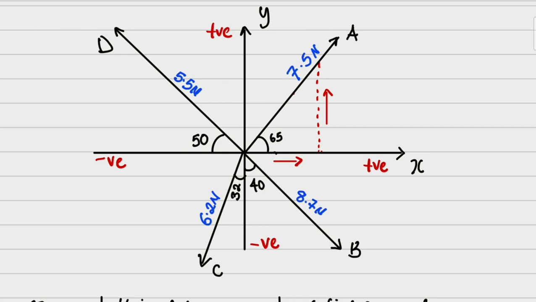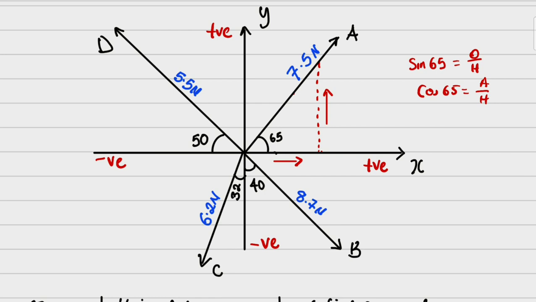Sine of the angle, which is 65, is equal to opposite over hypotenuse, and cos of 65 is equal to adjacent over hypotenuse. Basically, the horizontal axis is always the cosine, and the vertical axis is the sine.